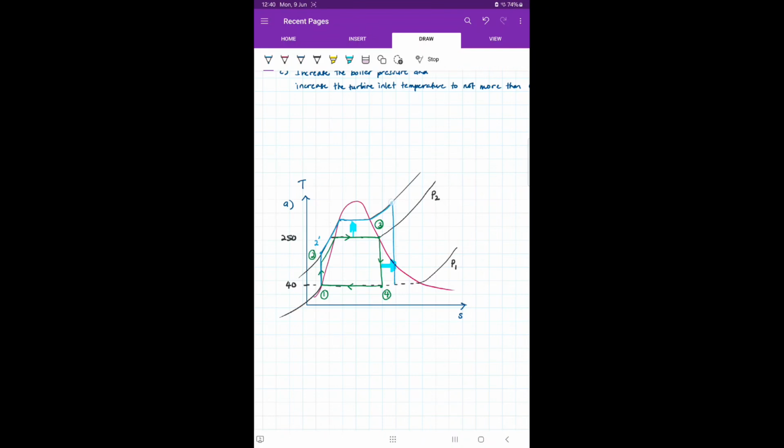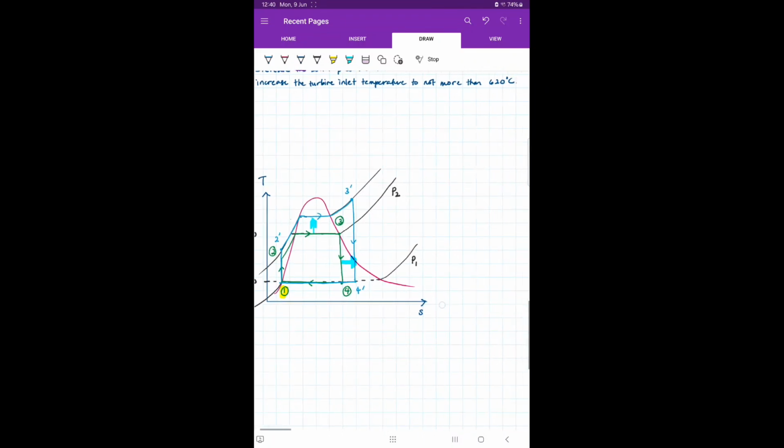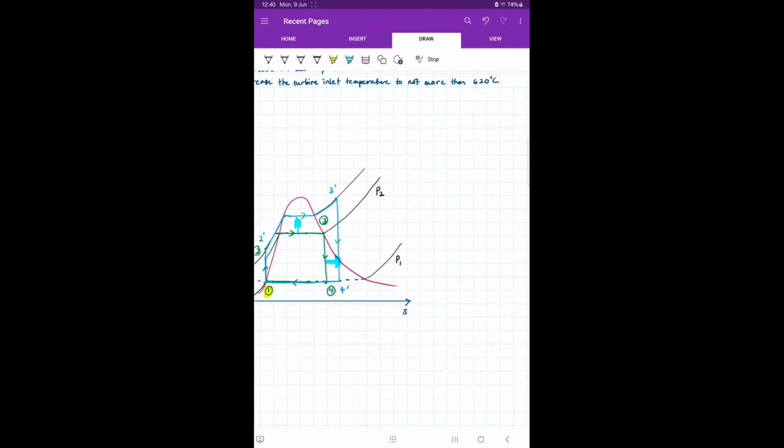So this would be my point 3 prime, okay, and this would be my point 4 prime.